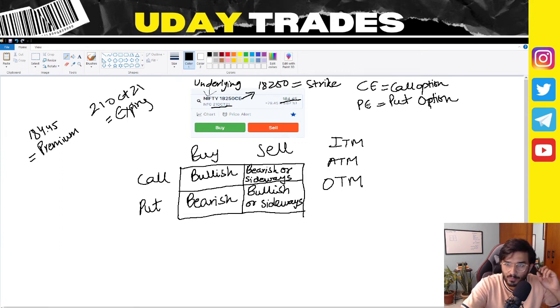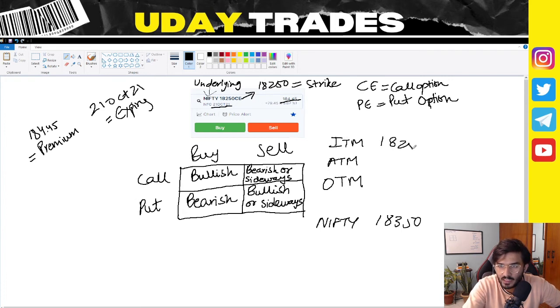For example, Nifty is at 18,350. So the 18,250 contract is in the money, and 18,200 is in the money.